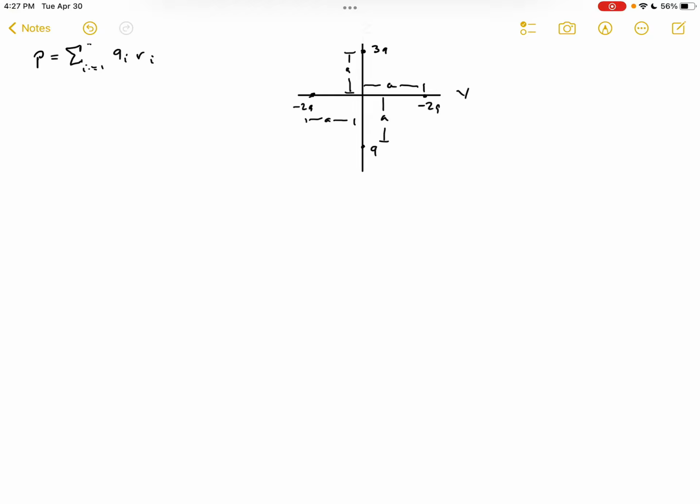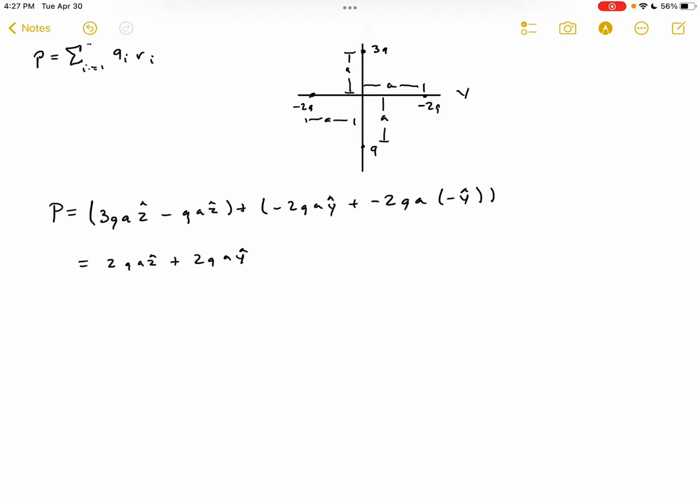So now we have to find the total dipole moment for the four charges. So we have P equals 3QA for that top charge, minus QA, plus 2QA y hat plus negative 2QA negative y hat, which equals 2QA z hat plus 2QA y hat plus 2QA y hat.